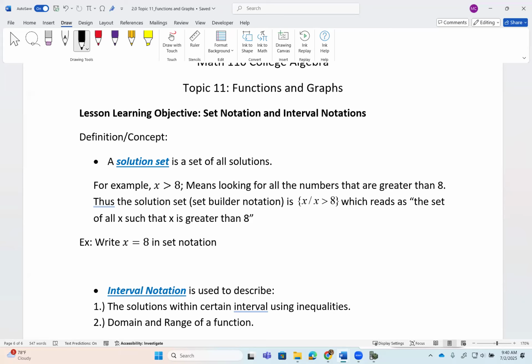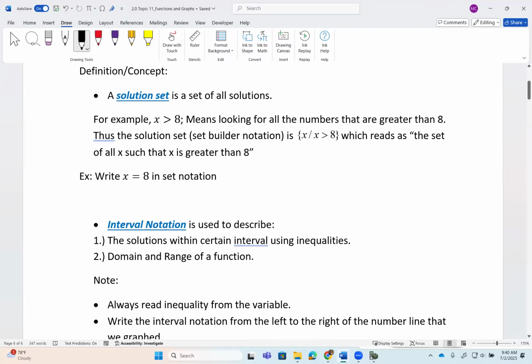We talked about set notations in a previous video where we solved quadratic equations. So normally the simplest way is to just write our answer inside the brace. For example, if I want to write x equal to 8 in set notation, graphically speaking, let's say 0 is here on the number line, 8 is right here. When my answer is 8, on the graphical approach we'll just put a dot right where 8 is.